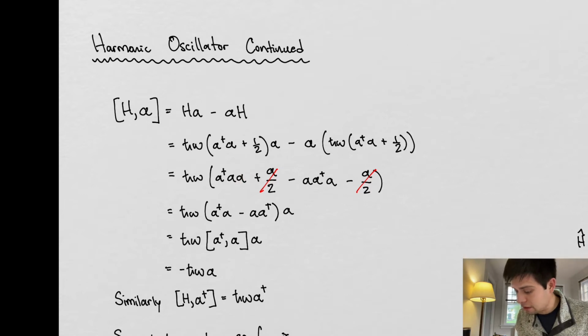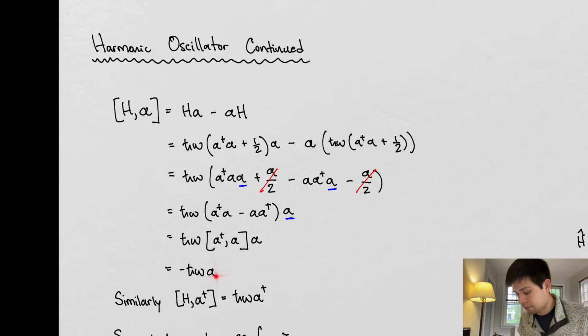This A here is this one and this one, if you follow me. And then what we find is that this is just a commutation relationship. There it is. If we recall, the commutation relationship between these two operators is just -1.